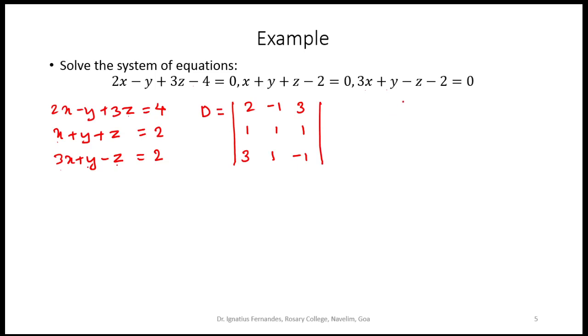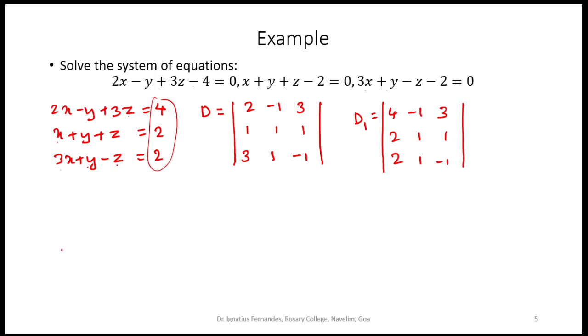The same way write down d1. What will be d1? Now we will replace the first column by the right hand side column. So 4, 2, 2 in place of 2, 1, 3. So 4, 2, 2, and the other two columns as it is, minus 1, 1, 1, 3, 1, minus 1.